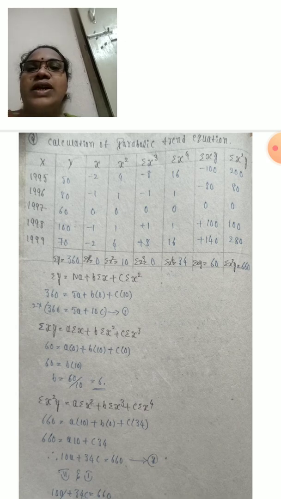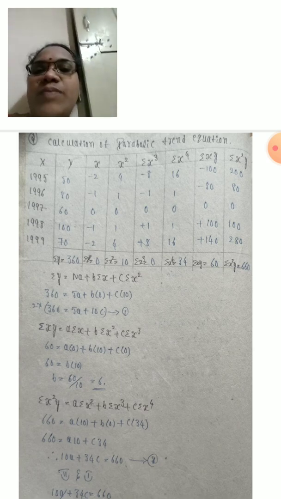Calculation of parabolic trend. Here an odd number of years are given. X is 1995, 1996, 1997, 1998, 1999. Next, y is 50, 80, 60, 100, 70.